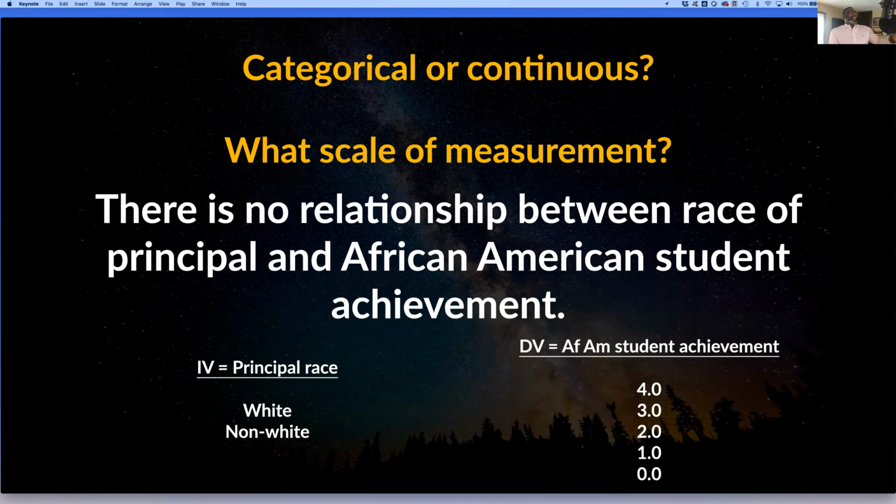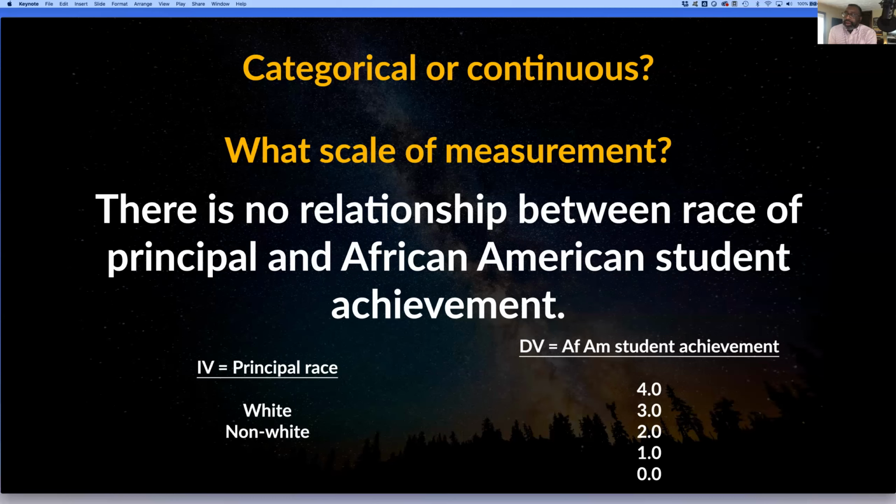All right. What is the independent variable? The principal's race. That's right. What is the dependent variable? African American student achievement. Bingo.